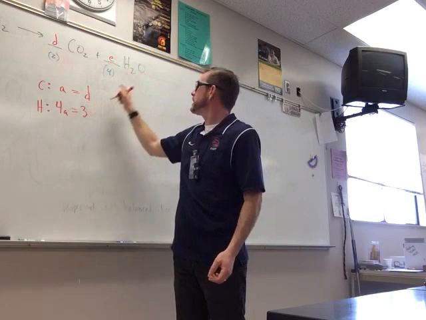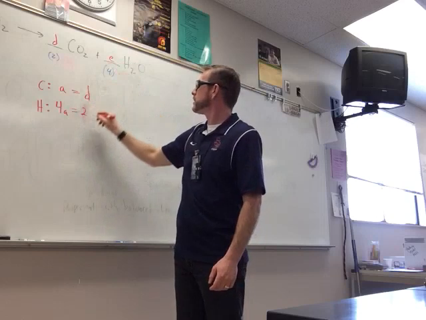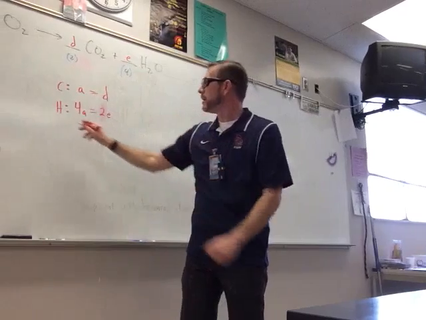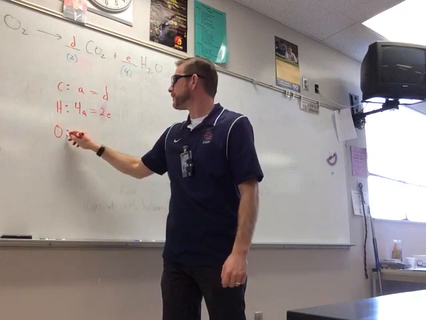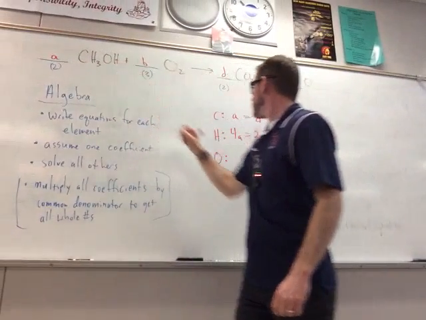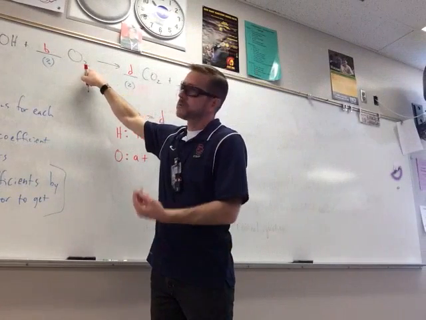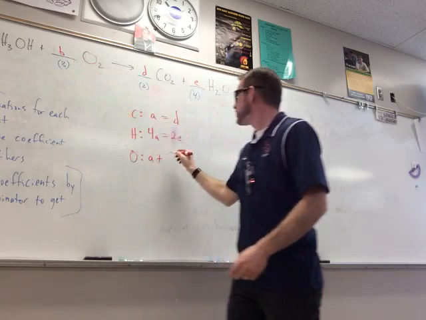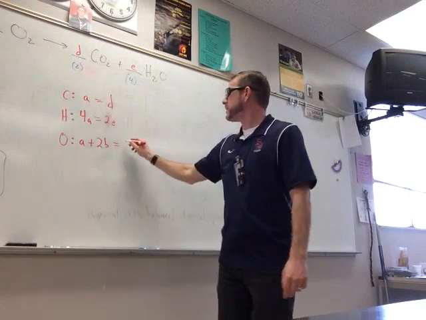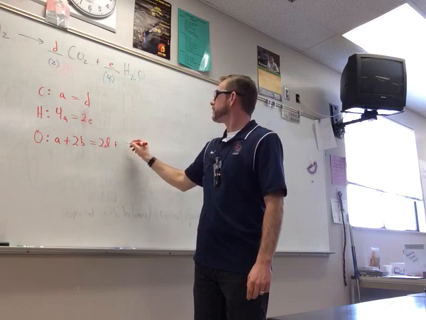So I need 2 times that coefficient for hydrogen. And then for oxygen, I have one of those in there, so there's A plus each of those particles has 2, so that gives me 2 times that coefficient. And on this side, I have 2 times D. And on that side, I also have E.